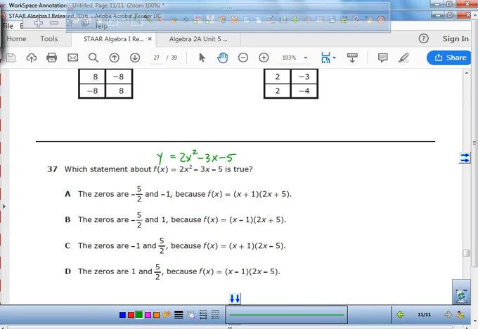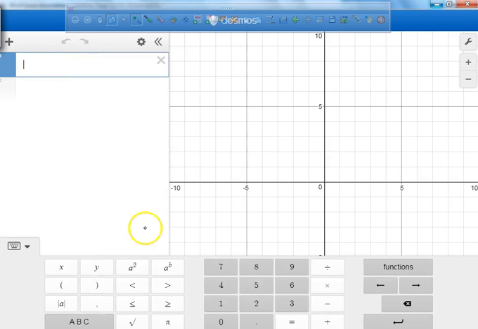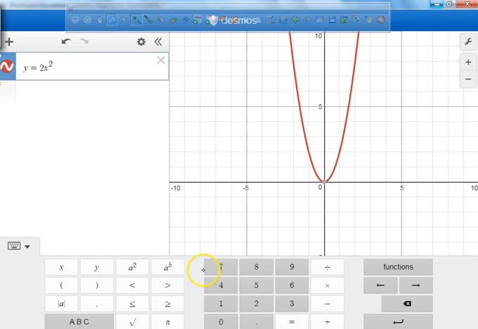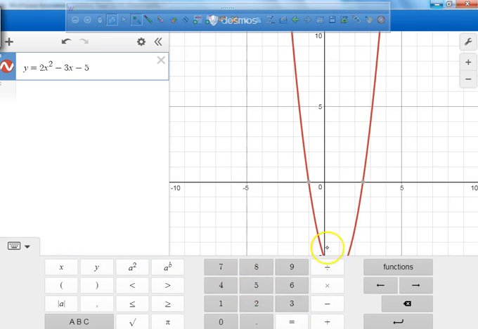Go to Desmos. Technically, you don't even have to do y equals, but I'm going to just for fun. y equals 2x squared minus 3x minus 5.